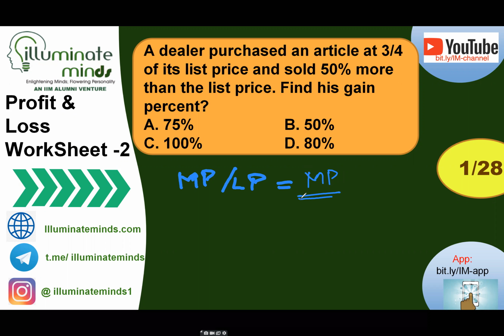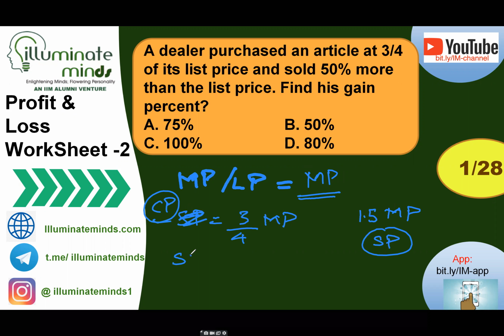So he purchased at 3/4 of mark price and sold this at 50% more than the list price, that means 1.5 MP. So 3/4 MP is my cost price and this is the selling price.